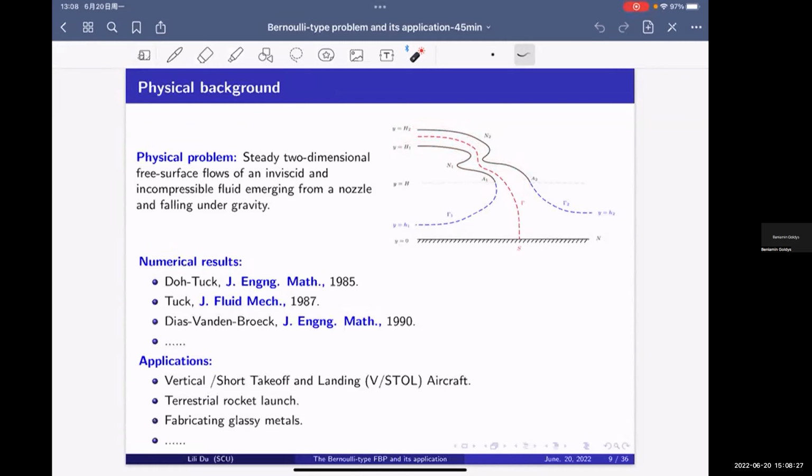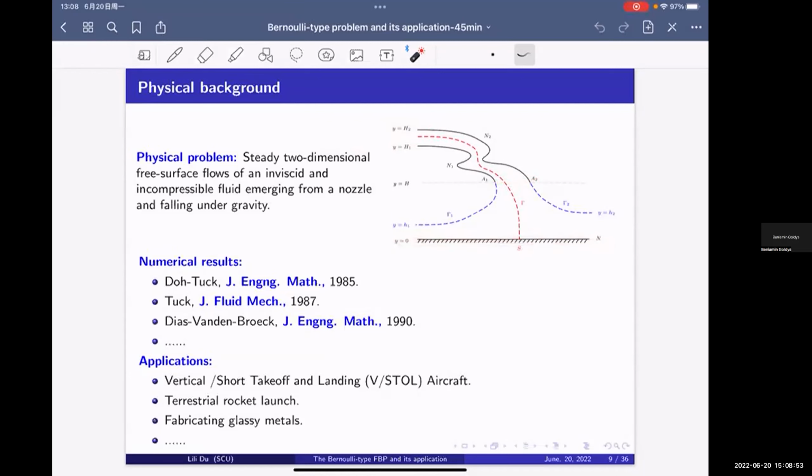We assume a two-dimensional semi-infinitely long nozzle. This is the inlet of the semi-infinitely long nozzle in the far field in the upstream, A1, A2 is the orifice of the nozzle, and N is the ground.